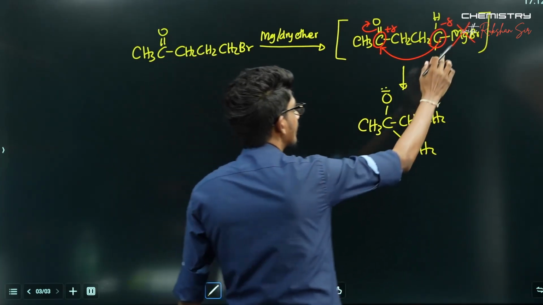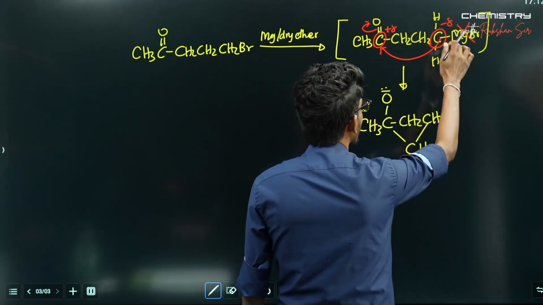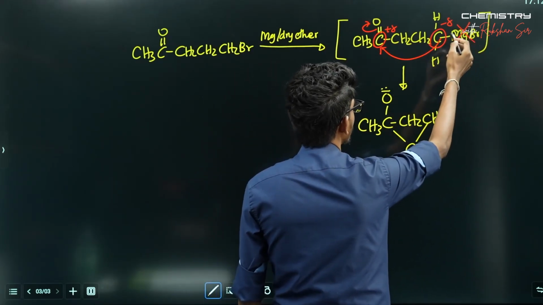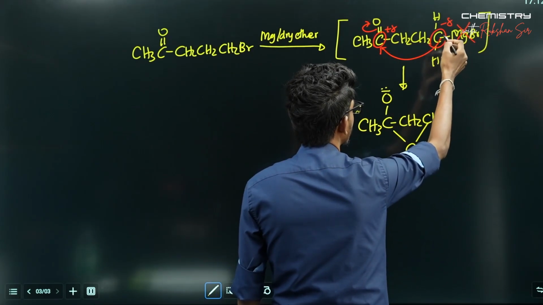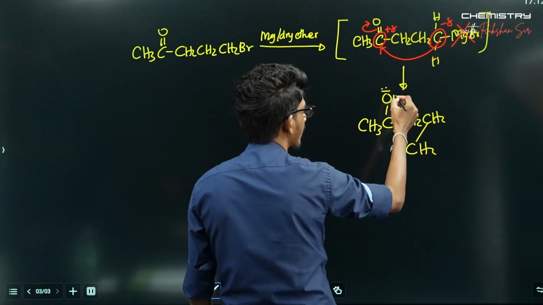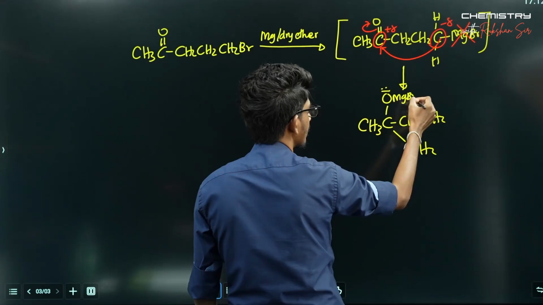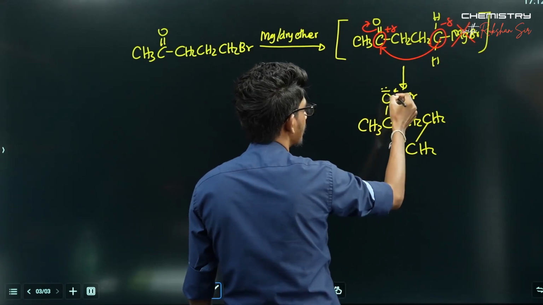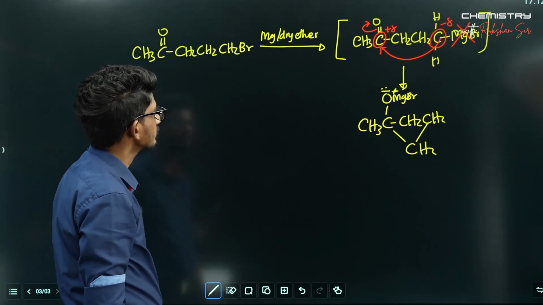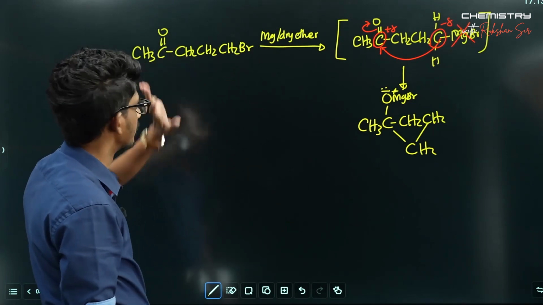The MgBr left here comes out as MgBr plus, because these electrons are given towards the carbon, so magnesium becomes plus. So this is the compound which will ultimately form if you add the Grignard to this kind of compound.